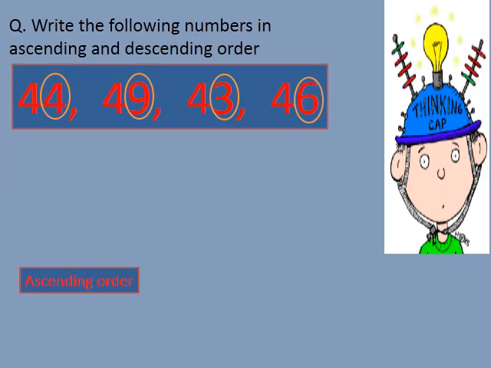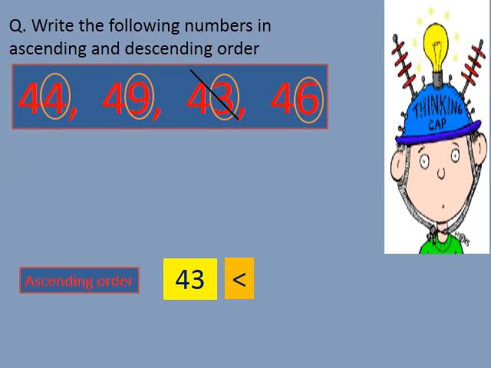Before that, let's revise. Ascending order means small to big. So that means smallest number first, then moving on to the biggest number. Out of 4, 9, 3 and 6, which is the smallest number? 3, correct. So which number will we write first? It's 43, correct, and we will cross that number.